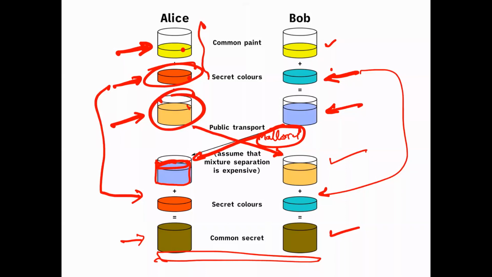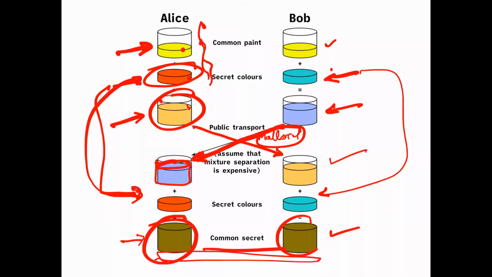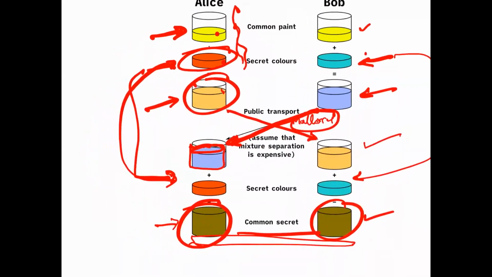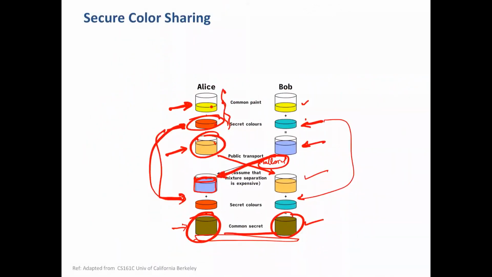But there can be a million other ways you can achieve this. That's the essence, right? So even looking at this, Mallory cannot separate out these two colors. But now if you use the same color after receiving it from Bob, then you get the common color here. Okay, any question?